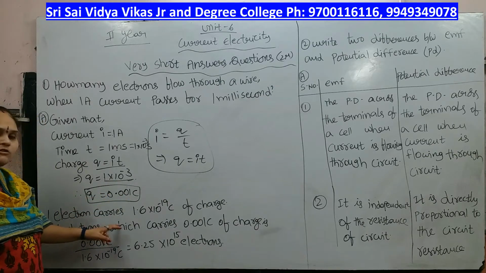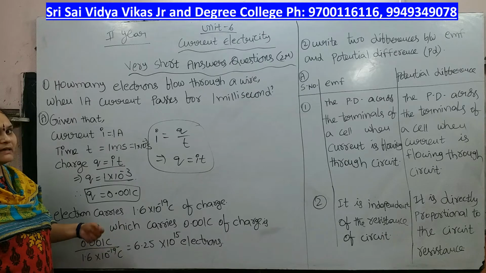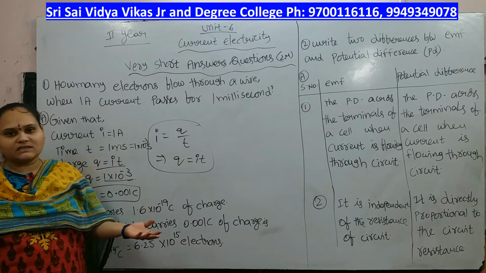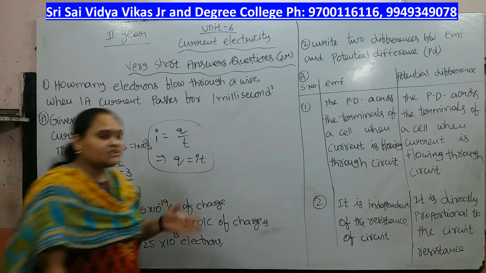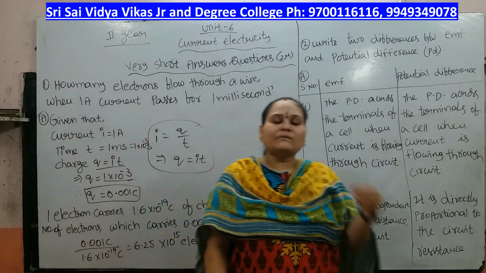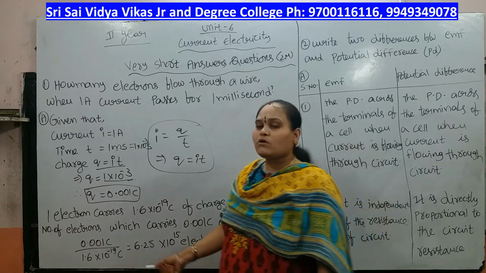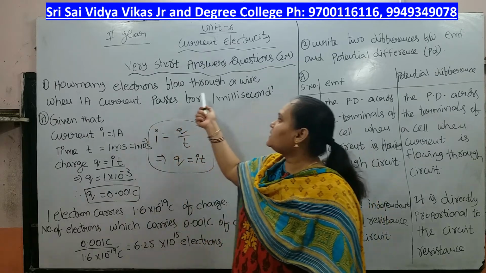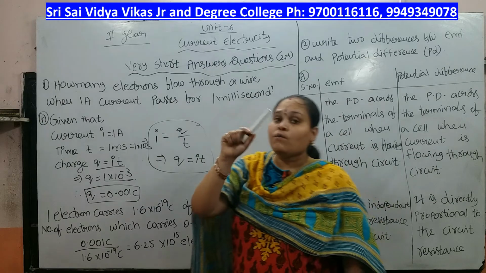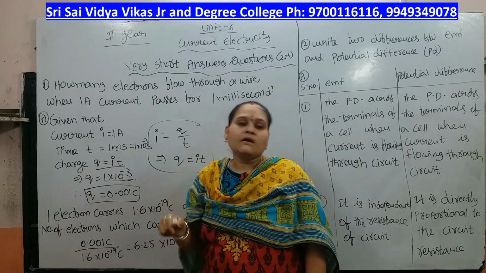Next, everyone knows 1 electron carries 1.6 into 10 to the power of minus 19 coulomb charge. The charge of the electron is nothing but 1.6 into 10 to the power of minus 19 coulombs. So, therefore, we can calculate the electron flow through a wire of 1 ampere current in 1 millisecond.